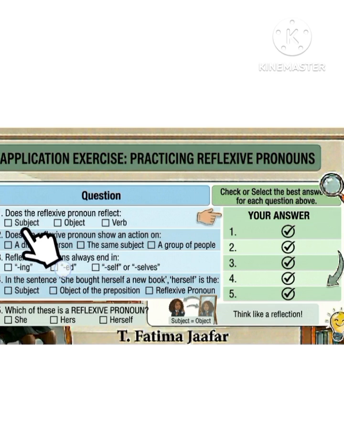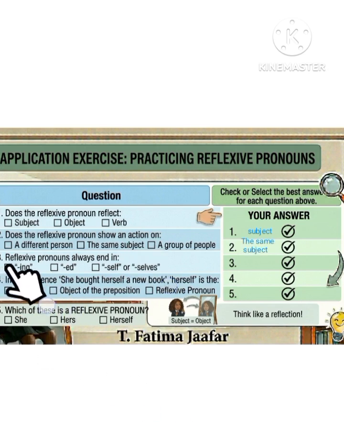So we look at the subject in order to choose the correct reflexive pronoun. Number two. Does the reflexive pronoun show an action on a different person, the same subject, or a group of people? Yes, the same subject, not a different person.